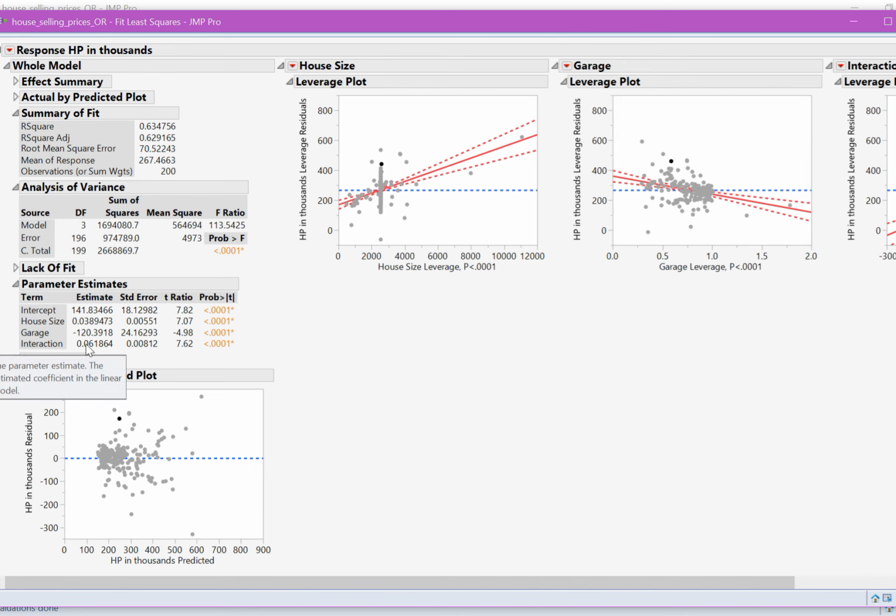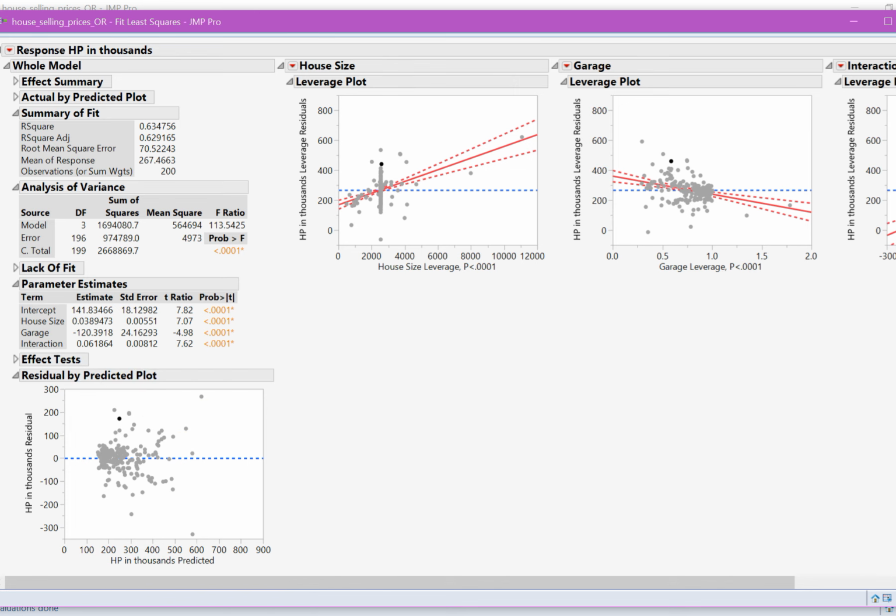I interpret this as saying I have a slope that is 0.06 units bigger for homes with a garage, because that's my indicator, than homes without a garage. Overall, this is telling me I have a significant interaction effect. It's not telling me that it's significantly positive or significantly negative, because it is still a two-tailed test.